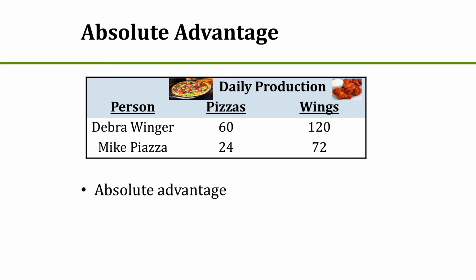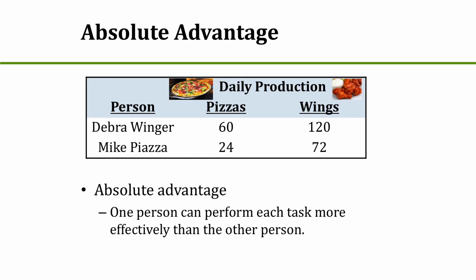In a couple minutes, I will introduce you to a new concept, which is comparative advantage, and it is not going to be the same case. If one person has a comparative advantage, for example, in pizza, the other person will have the comparative advantage in wings production. So that's a really important difference between absolute advantage and comparative advantage.